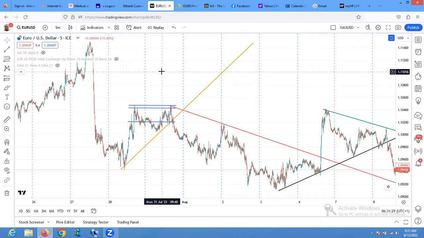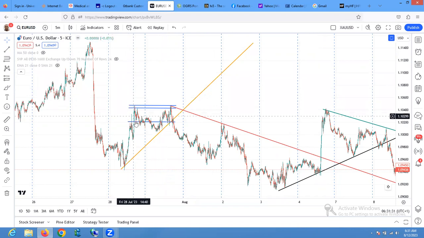So the first thing I will be thinking is that this is probably an A and this is probably a B. And I'm telling myself, not until a C is going down and breaks more than 161.8, I'm not in a new wave.